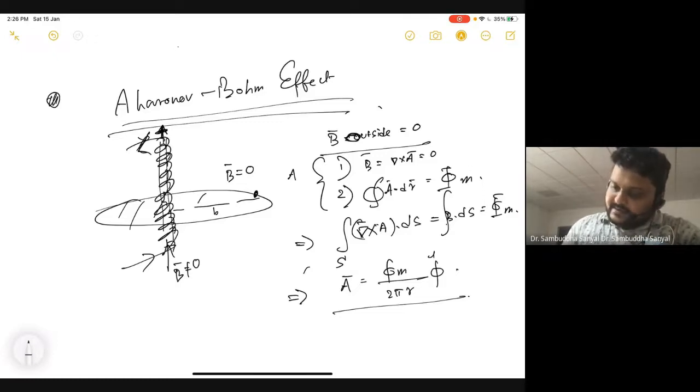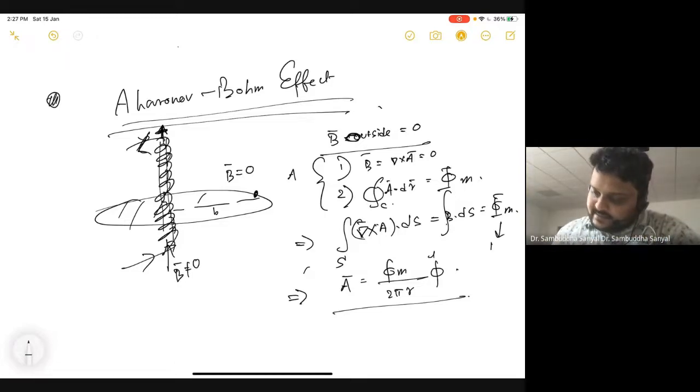This is across the contour, and it's some path integral. Let's say it can be any arbitrary shape around the solenoid, and this is the total magnetic flux.